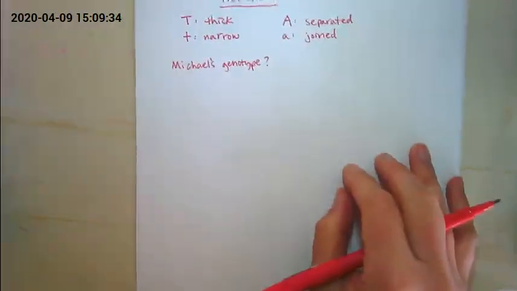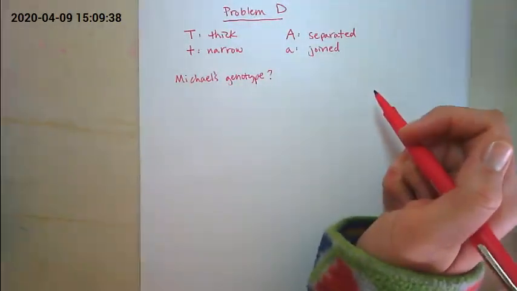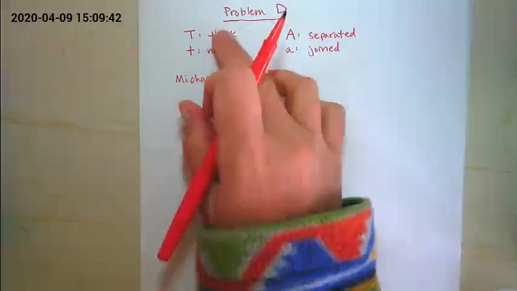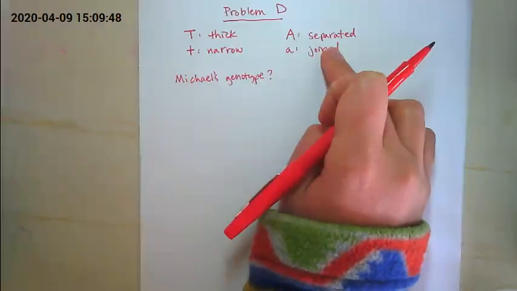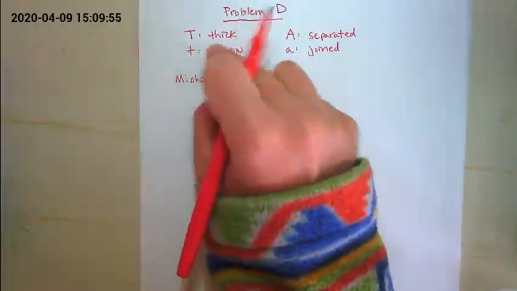Sorry, I have to refocus. All right, so what is Michael's genotype? The problem says Michael has a very thick unibrow and is worried about his future. For the thick part, we don't know if he's heterozygous for thickness or homozygous dominant.